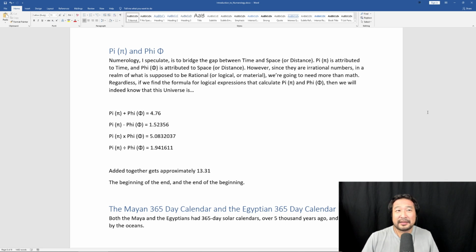Maybe it's like a simulation, like people are saying. But the fact that we aren't able to, and these are highly used irrational numbers, might mean that things are changing. Things are constantly changing. Nothing is constant. Nothing stays the same forever.